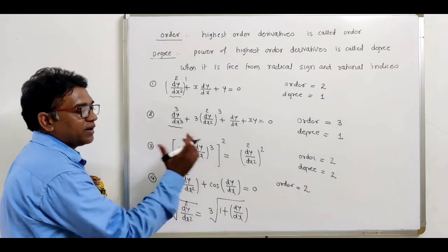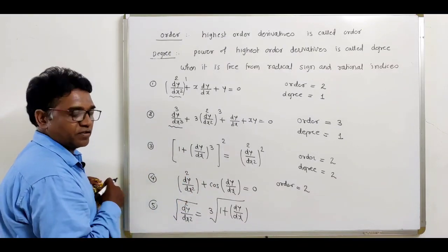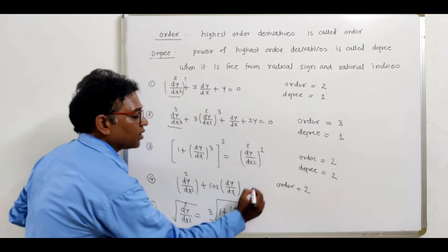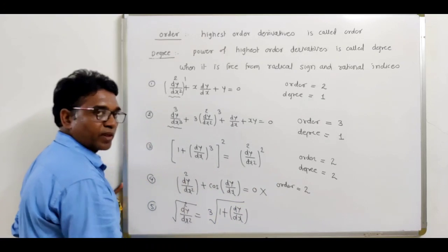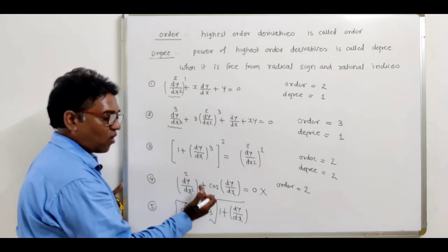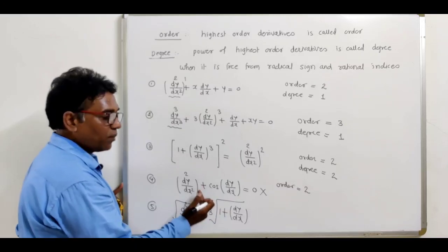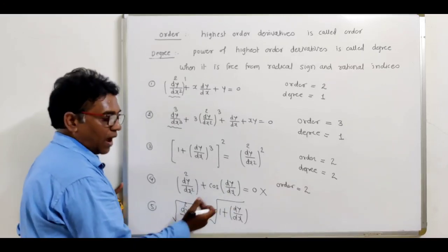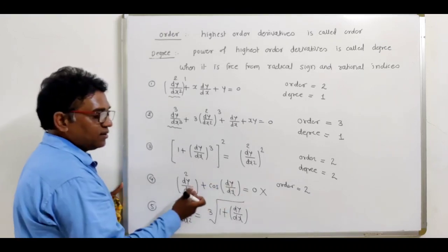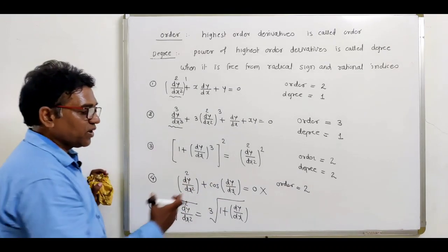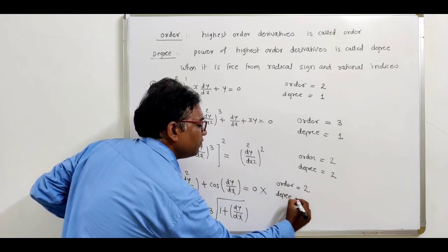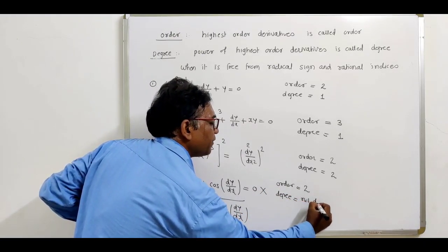Now we want to find out the degree of this differential equation. But we cannot find the degree because this is not in polynomial form. This differential equation contains a transcendental function, like cos, sine, trigonometric or exponential functions. And dy by dx is the coefficient of cosine, so this is not in polynomial form. That means we cannot define the degree.